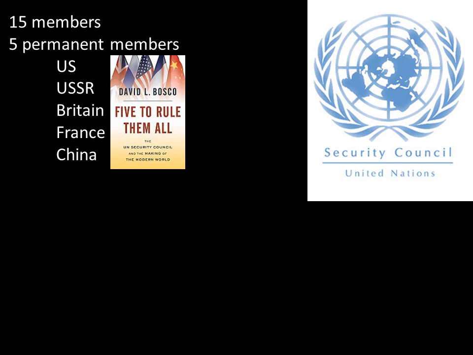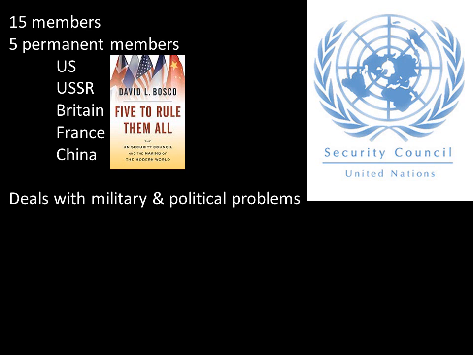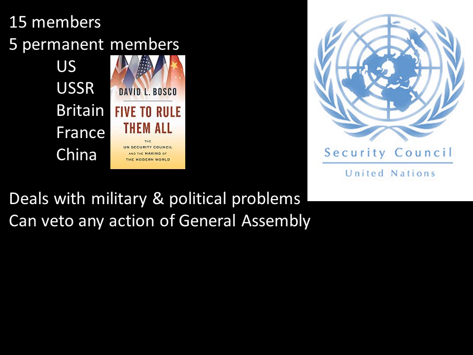The other 10 members rotate through other nations, but these 5 are the permanent members. And the Security Council deals with military and political problems in the world, and they have the power where they can veto any action of the General Assembly.